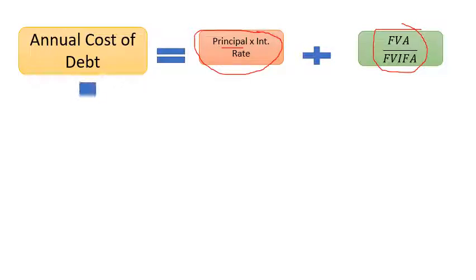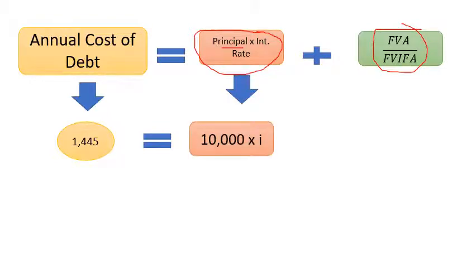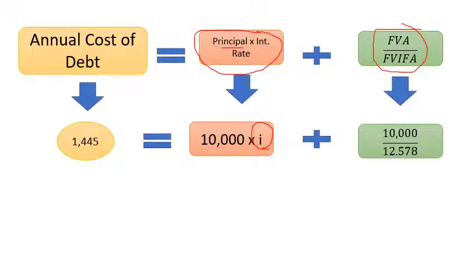So we have the annual cost of debt of 1,445, and the principal of 10,000 times the interest rate, which is required, plus the division of the future value of the annuity, which is 10,000, divided by the future value interest factor for annuity at 5% for 10 years, which is 12.578.